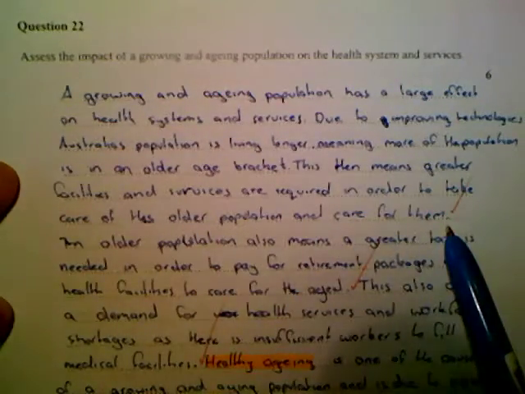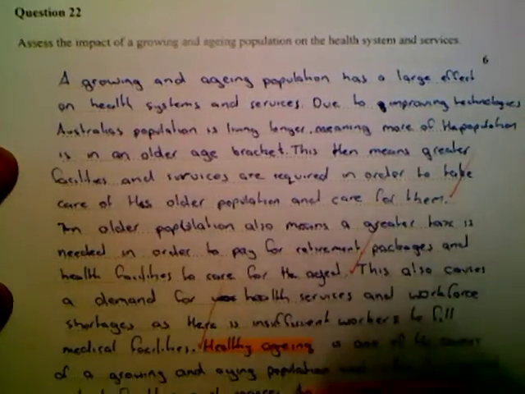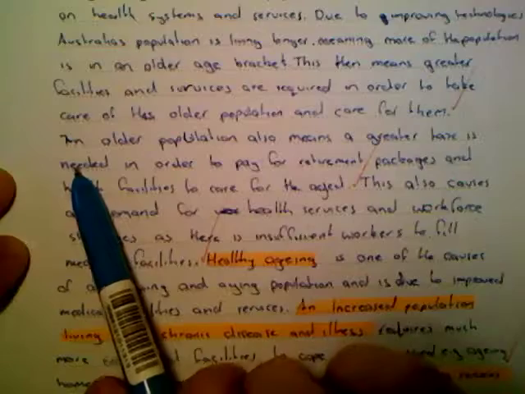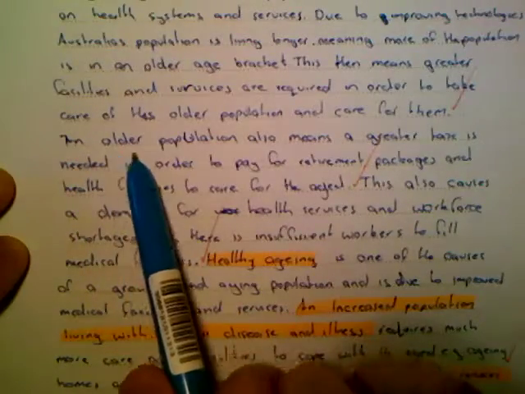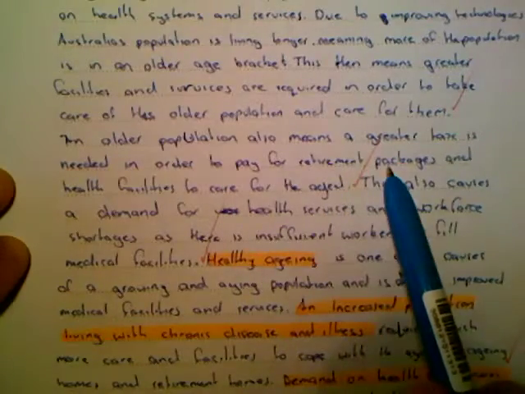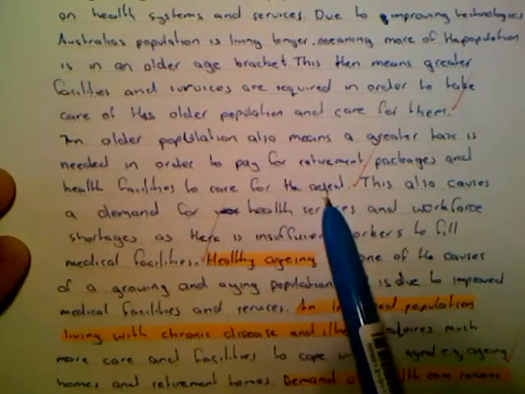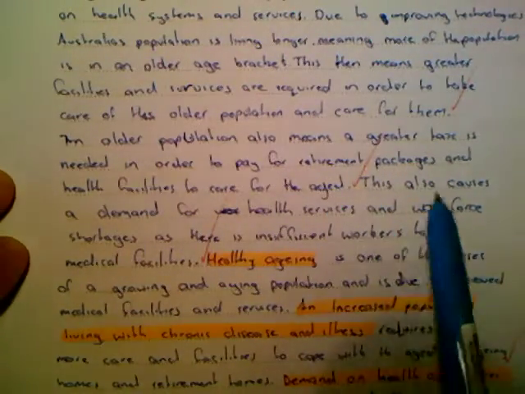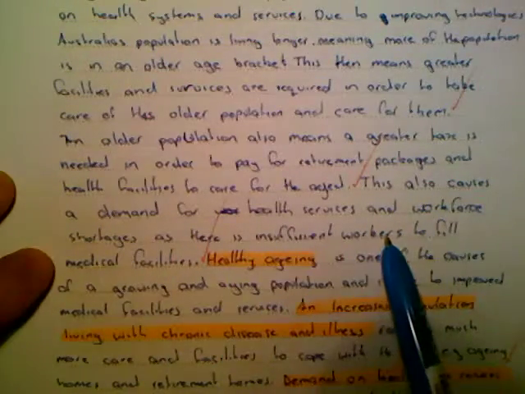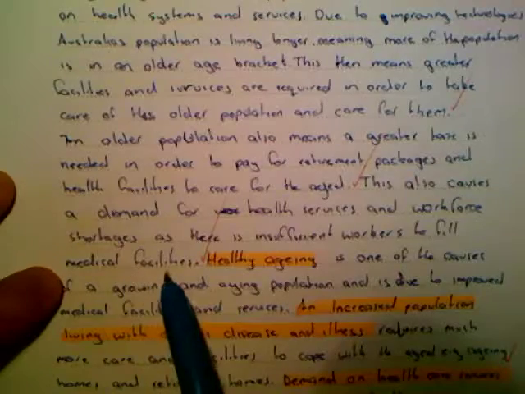So he's definitely on the right track as he started off. It's a very good start to his answer. An older population also means a greater tax is needed in order to pay for retirement packages and health facilities to care for the aged. Again, also correct. This also causes demand for health services and workforce shortages as there are insufficient workers to fulfil medical facilities.